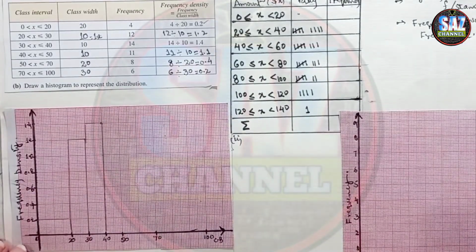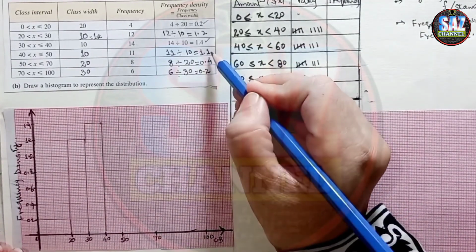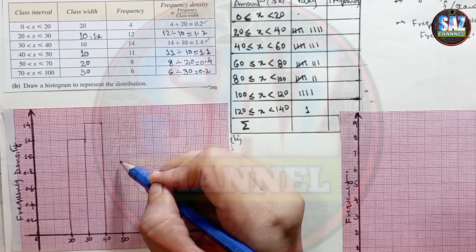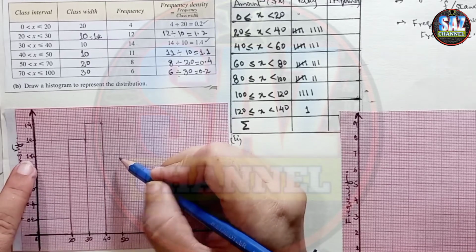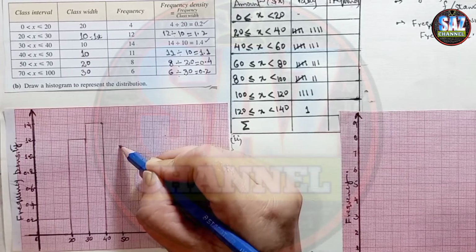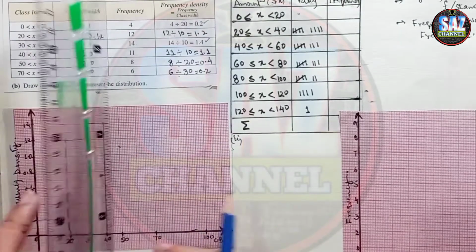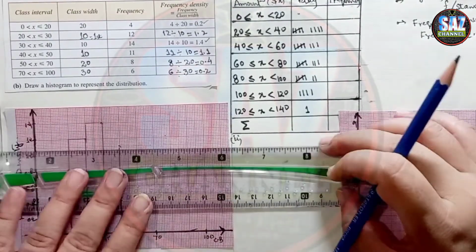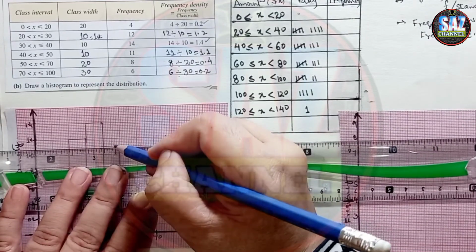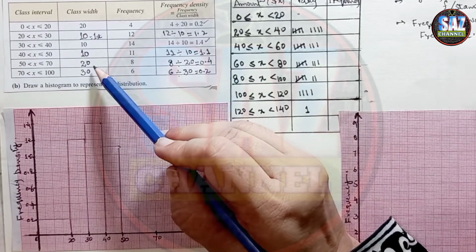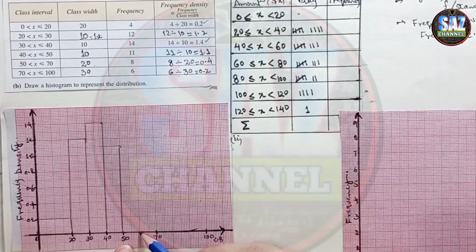And then for the next class again the standard is 1 and this is 1.1. So 1.1, this is 1, and 1.1 will be coming right in between. Let me mark the point and complete the rectangle quickly. 1.1, and then the next one is 0.4, but the width of the class is 20, so two standards, so 1 and 2, 70 and 0.4.